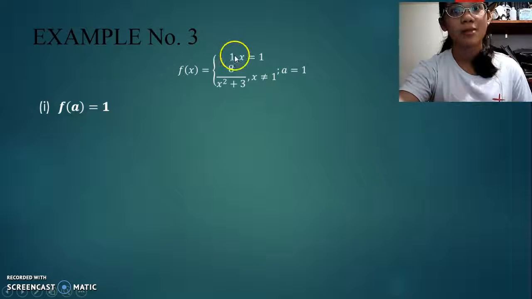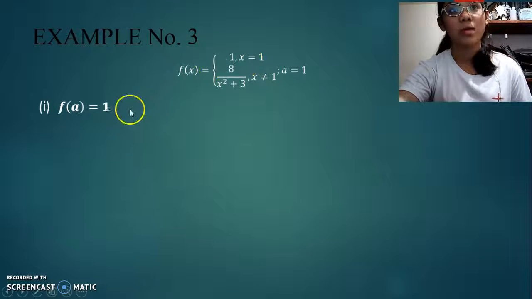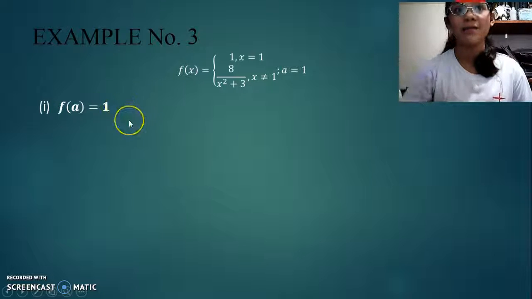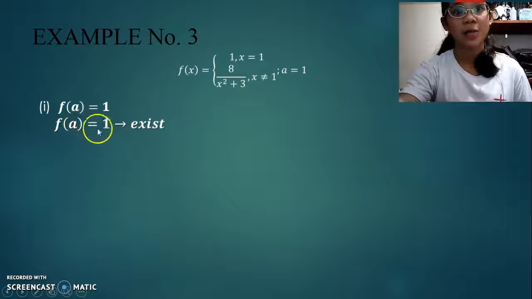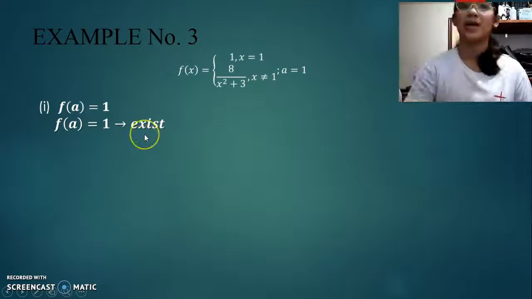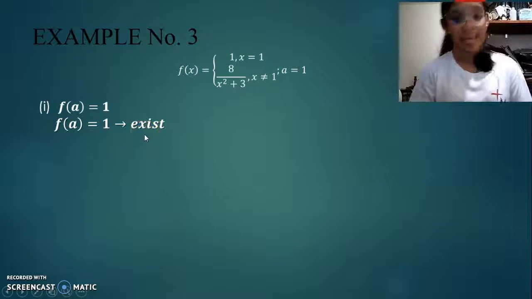So, the constant 1 satisfies this condition. That's why we will use 1. And since 1 is constant, we are then given, of course, 1. The value of f of A is equal to 1. And 1 is an existing number. The value of f of A exists.